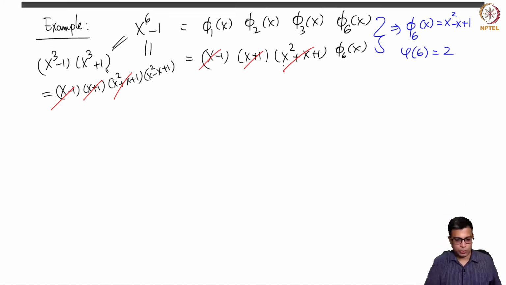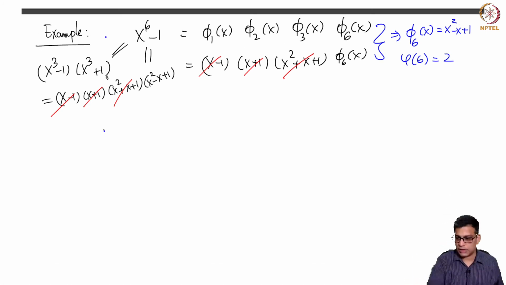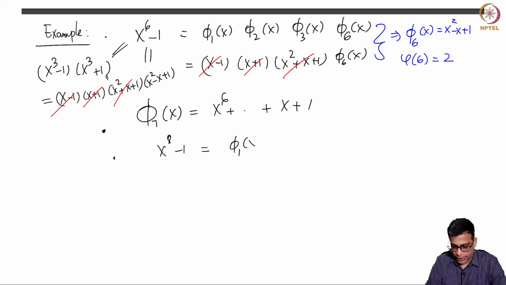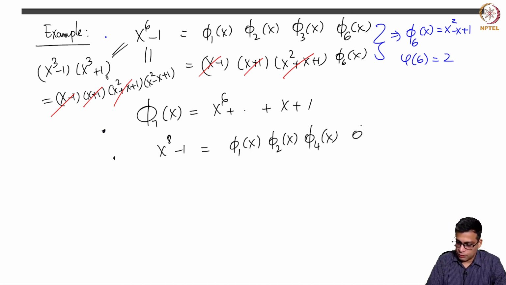So let me do two more examples. So Phi7, of course there is not much to do, because for a prime number the cyclotomic polynomial is this. What about Phi8? For that, let's factor x power 8 minus 1. This is Phi1(x), Phi2(x), Phi4(x), Phi8(x).